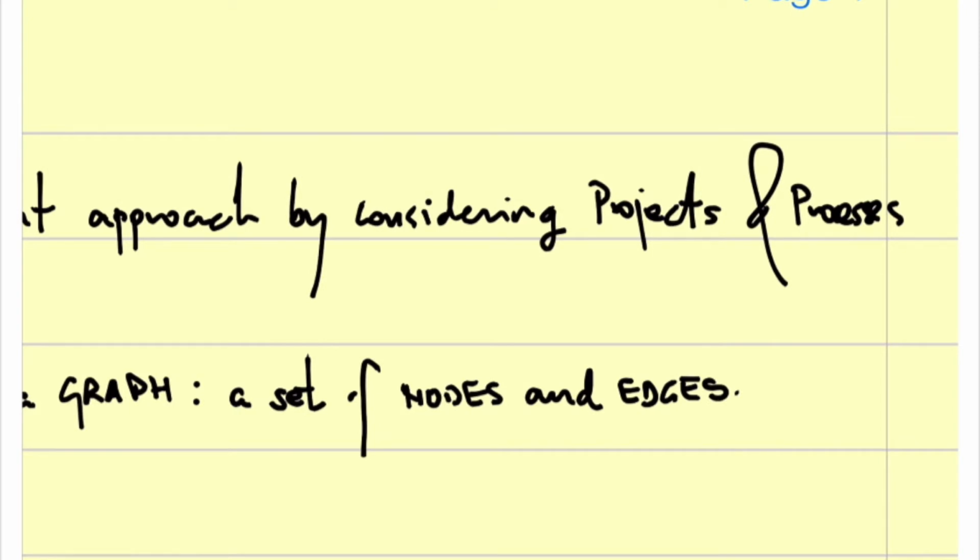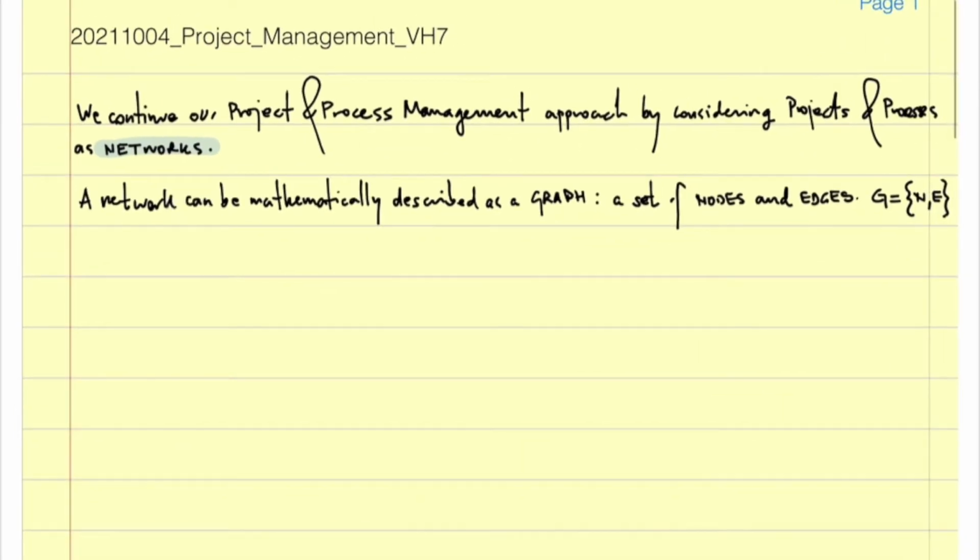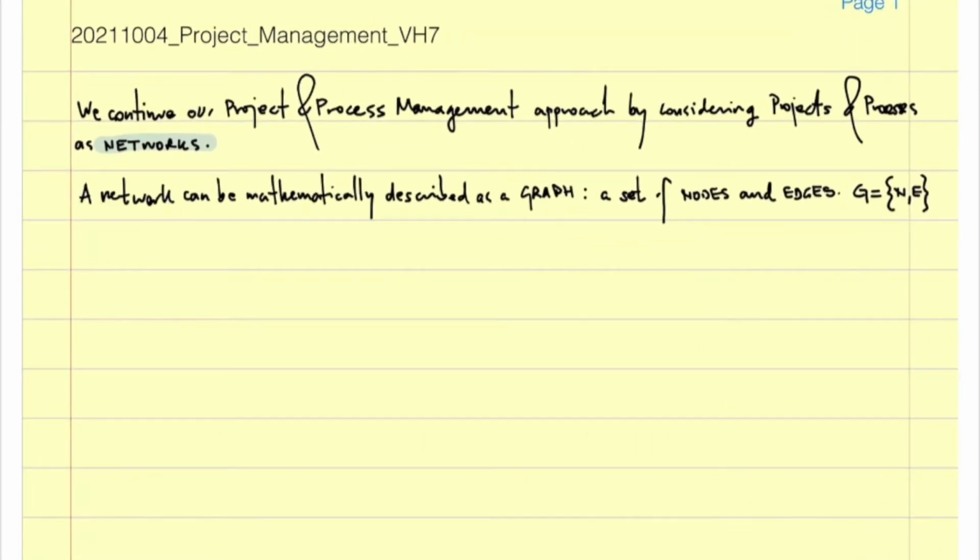You can express it like this: a graph is a set of nodes and edges. Graphs can be described visually.